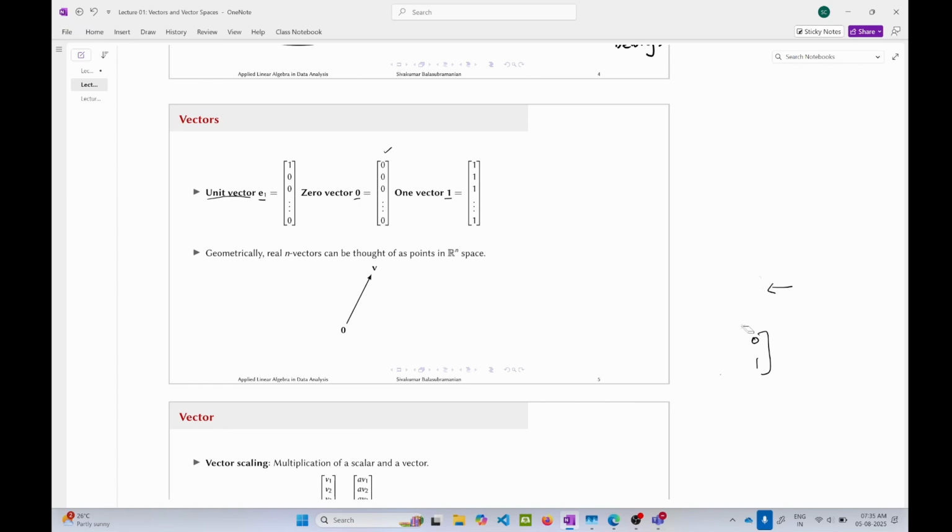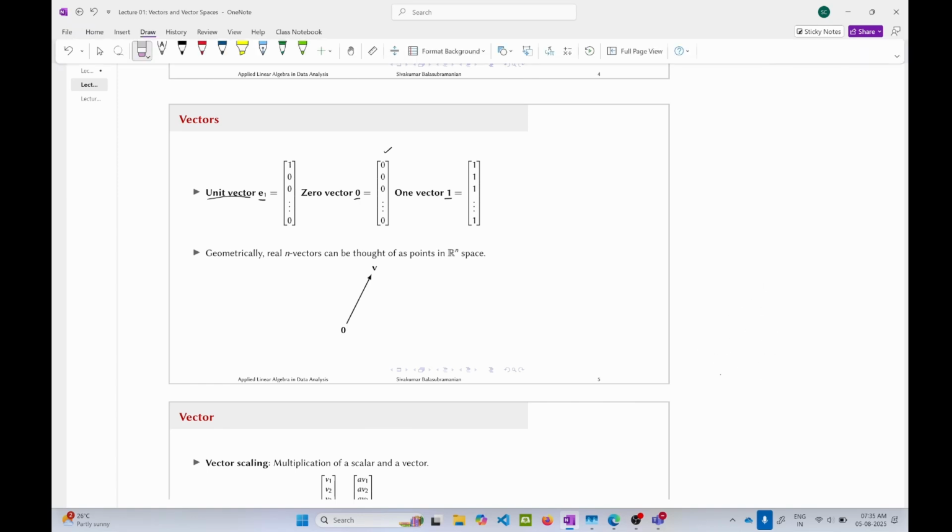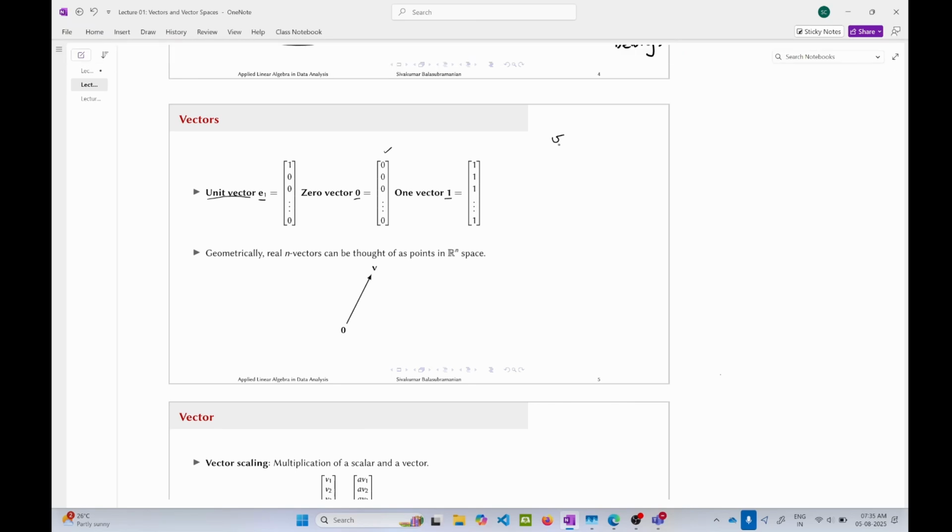Now, we've talked about vectors simply as numbers, right? It turns out that we can associate geometry with these vectors. We can always think of an n vector, let's say v, from the space R^n, as an arrow starting from some point 0, which is essentially the zero vector, and ending at the point corresponding to the vector v.